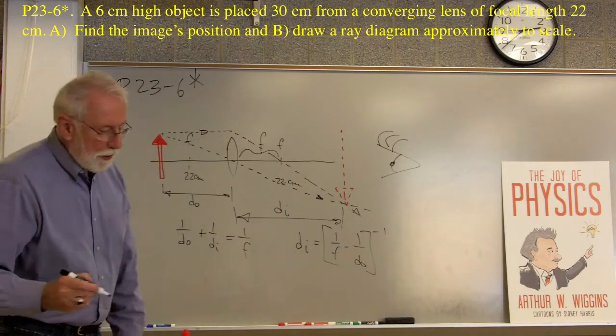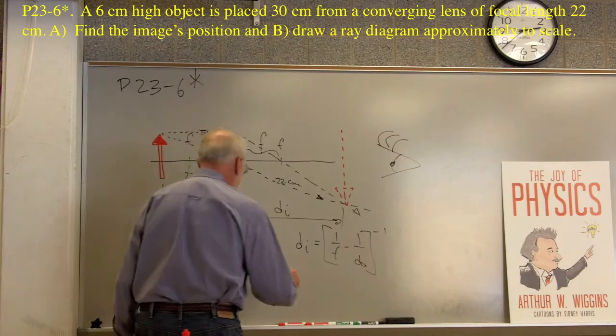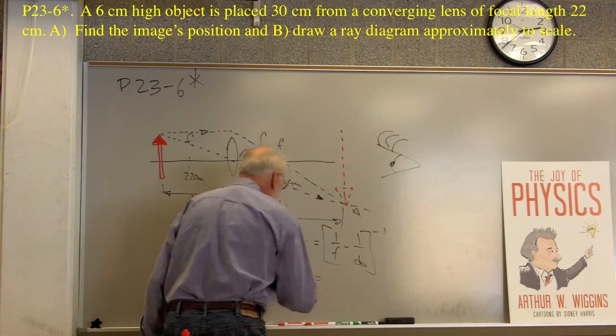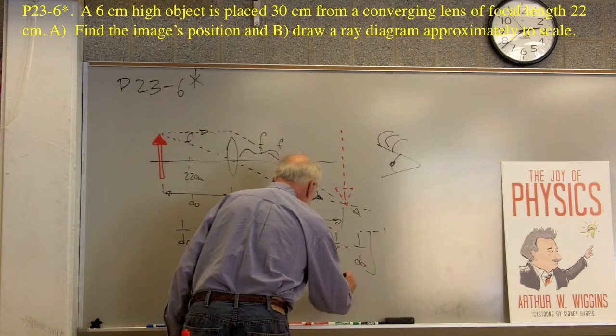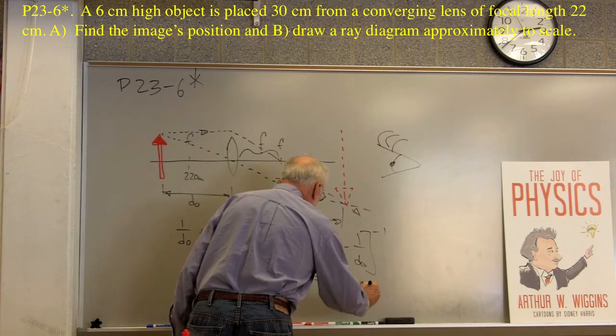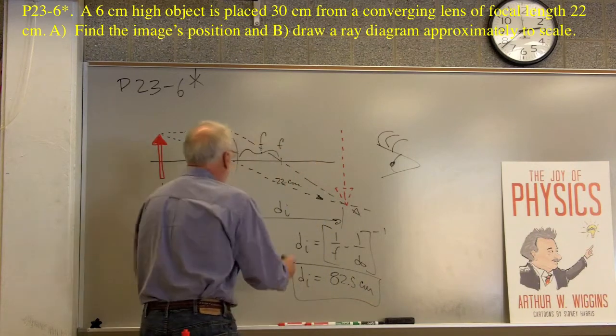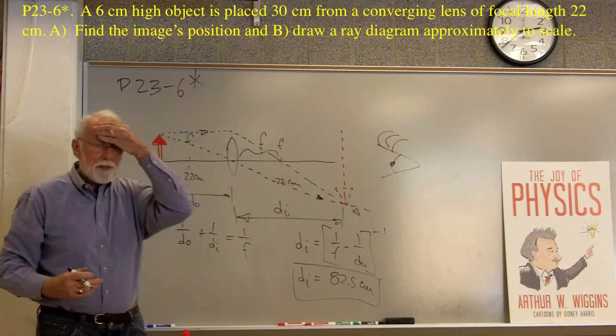And when you put in the right numbers, the image distance is 82.5 centimeters. So if we could measure this, we'd have 82.5 centimeters.